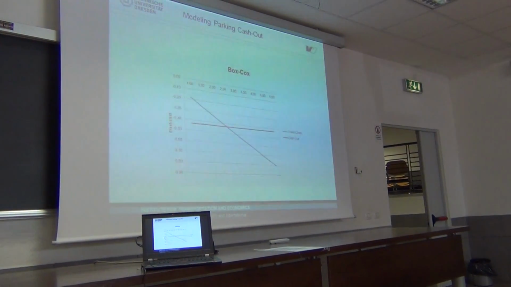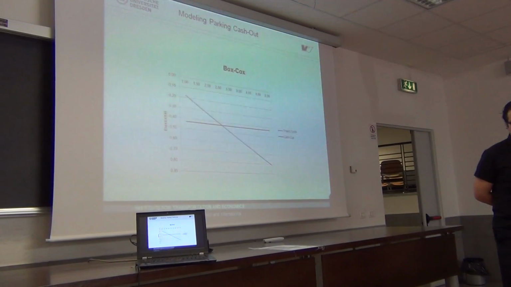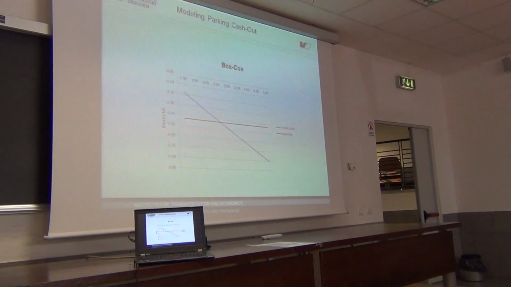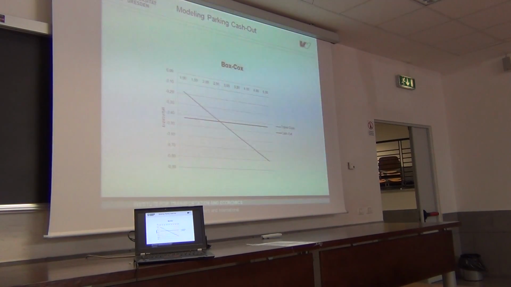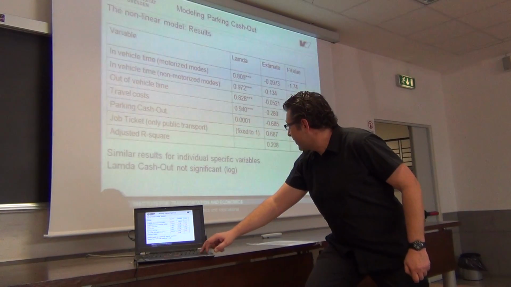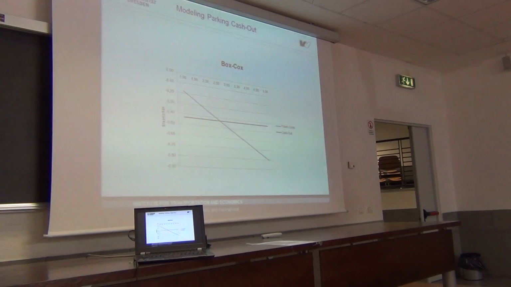On one hand, we could have parking cash out as an alternative option to road pricing. This is the result of the linear model, and on the other hand, we can identify some areas within.